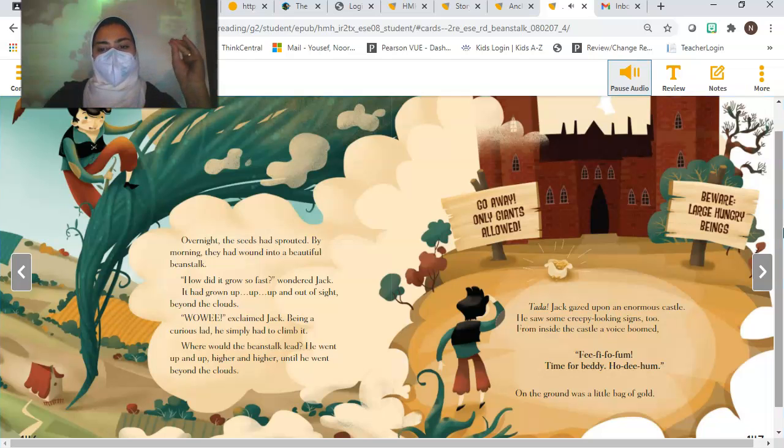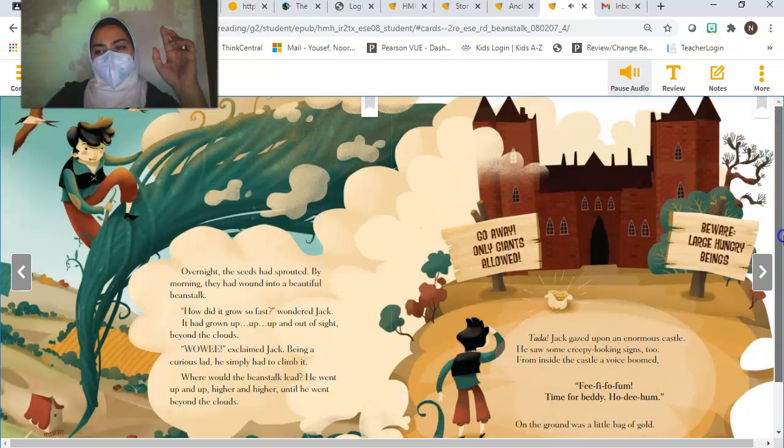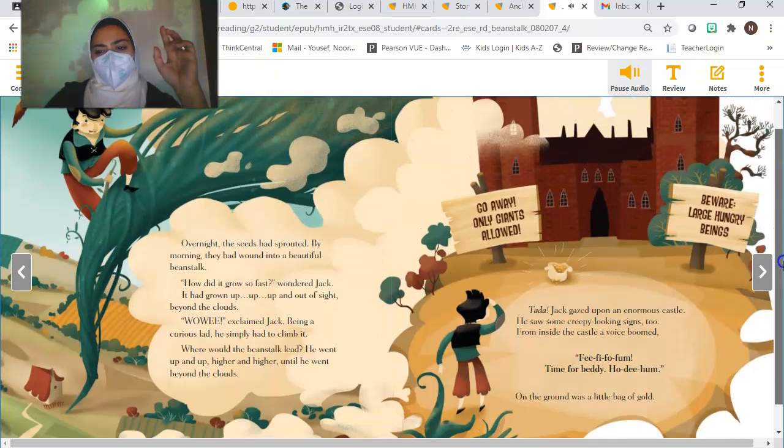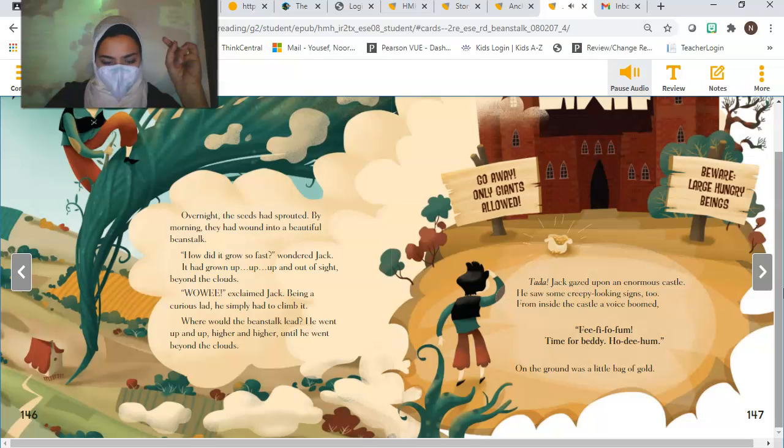Ta-da! Jack gazed upon an enormous castle. He saw some creepy-looking signs, too. From inside the castle, a voice boomed. "Fee, fi, fo, fum, time for Betty, hoody hum." On the ground was a little bag of gold. "Go away, only giants allowed. Beware, large hungry beings."